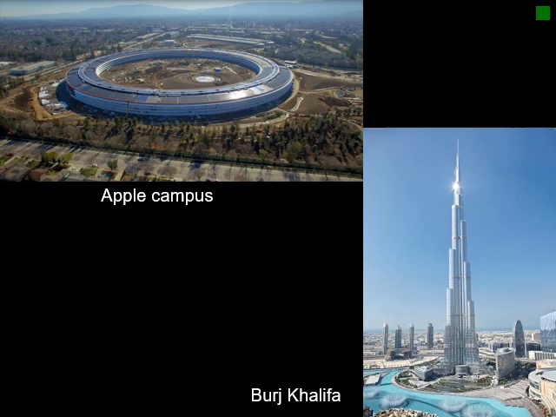It didn't require that much tech, and it was built over a much shorter period, which saved a bit of money. So one would have expected that the Apple campus would be cheaper than the Burj Khalifa, but the Burj Khalifa actually worked out cheaper in this case.